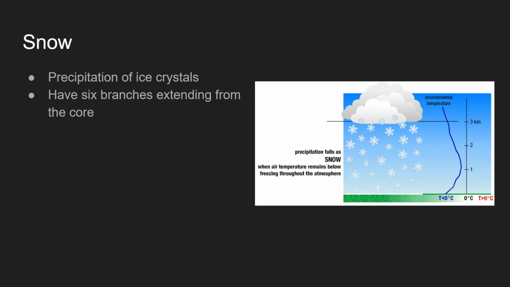So the environmental temperature stays below freezing, but you can experience snow at temperatures above 0 degrees Celsius or 32 degrees Fahrenheit if that layer on the ground is so shallow that the snowflakes don't have any time to melt. It's precipitation of ice crystals that have 6 branches extending from the core. And that's where the saying comes from, no two snowflakes are alike, because of the processes in forming them.